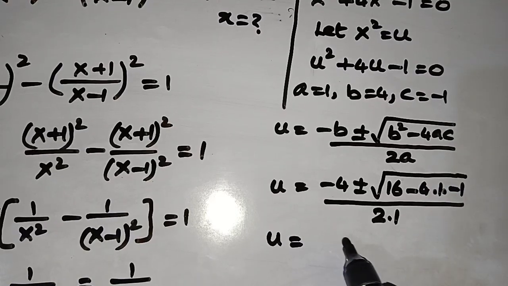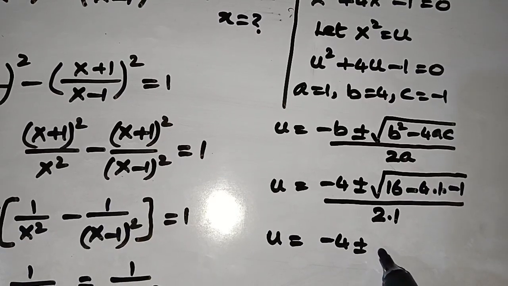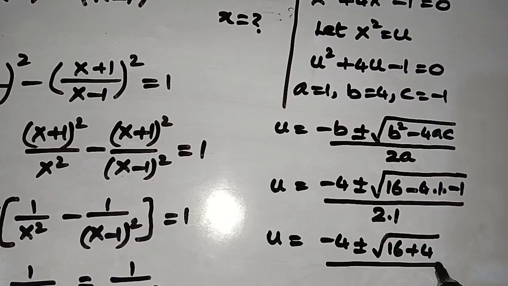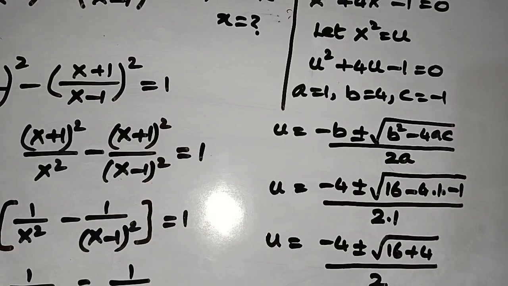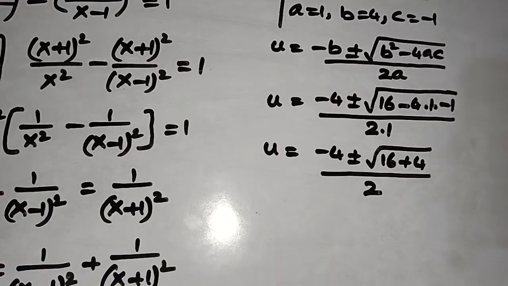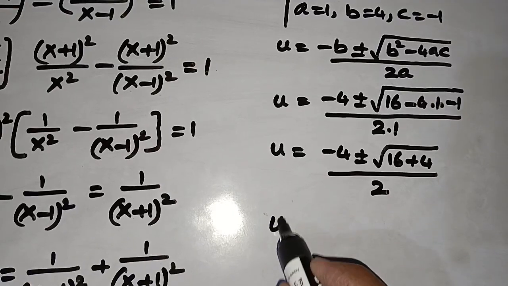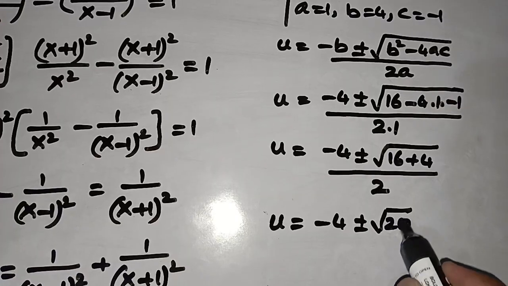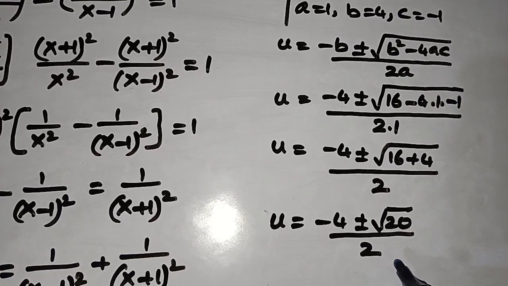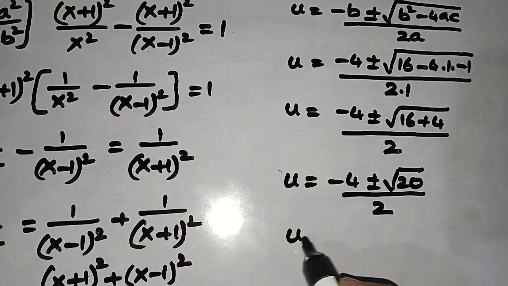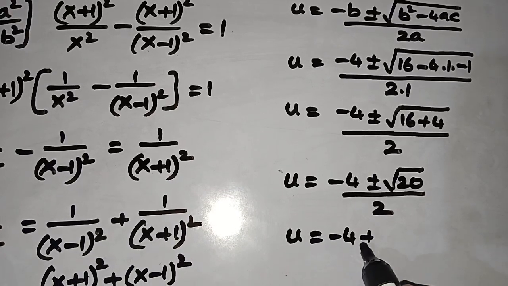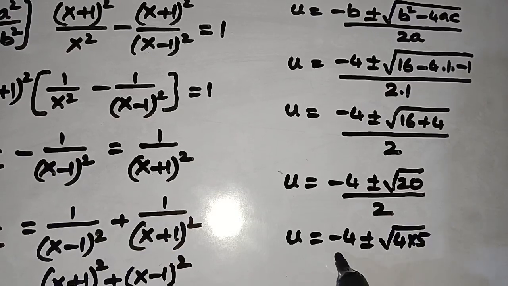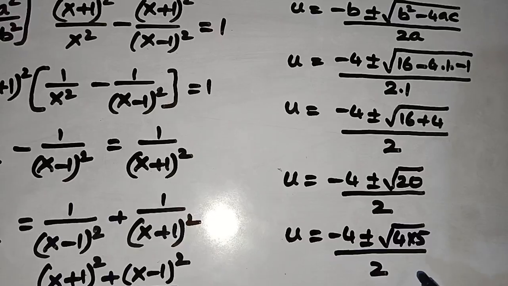So here u is equal to minus 4 plus or minus root of 16 plus 4, divided by 2 times 1 is 2. And here 16 plus 4 is 20. So minus 4 plus or minus root 20 divided by 2, and u is equal to minus 4 plus or minus root of 4 times 5 by 2.